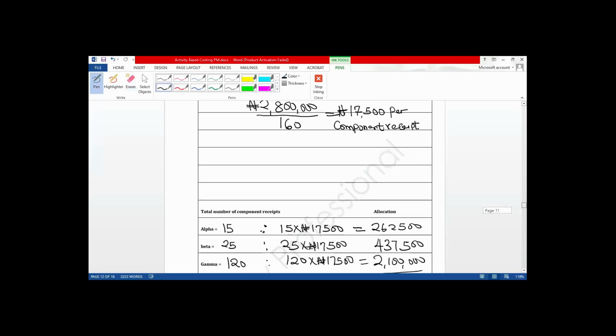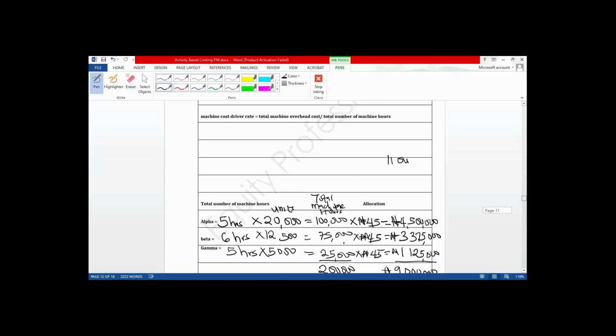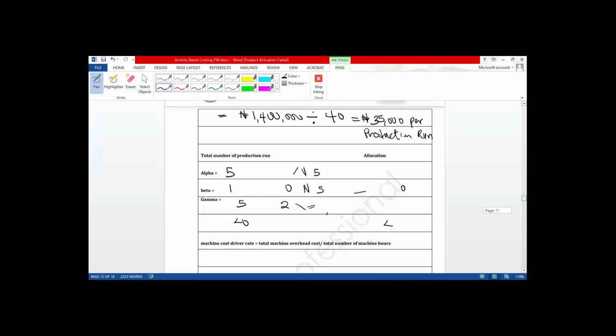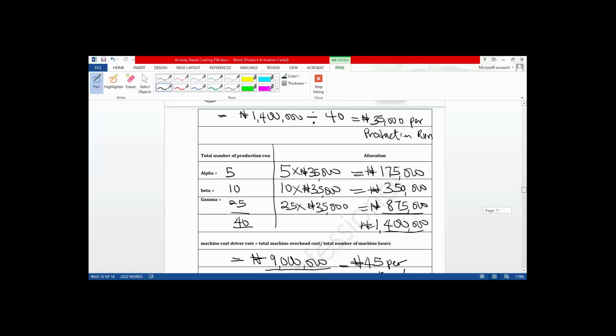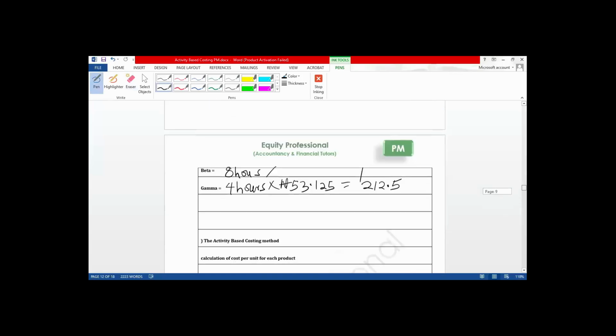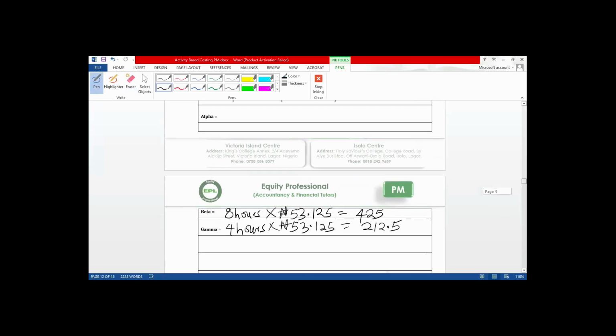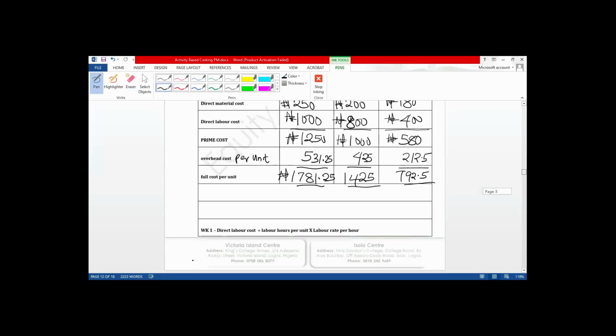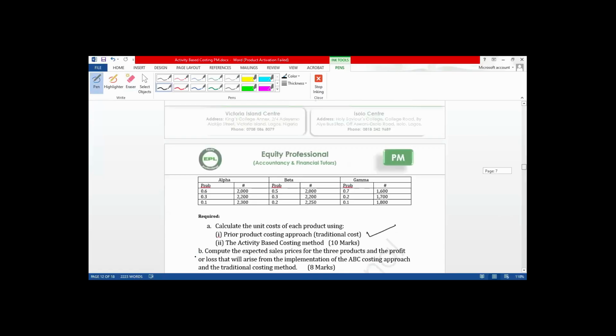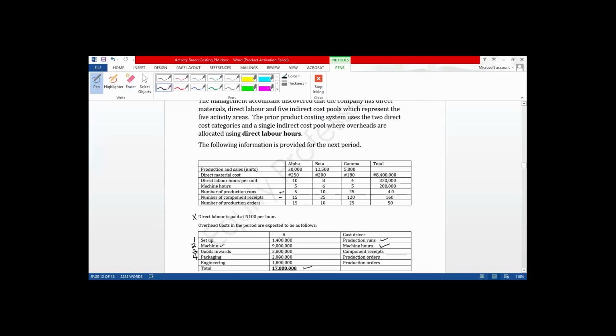You can now go to number 4 activity. Activity 4 is packaging.